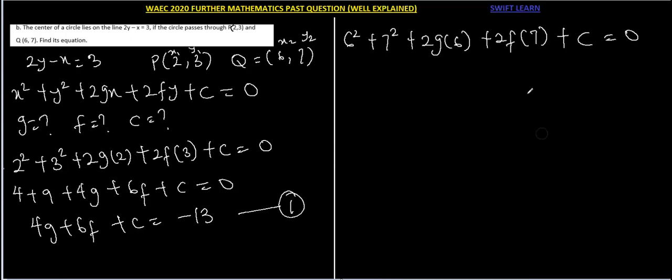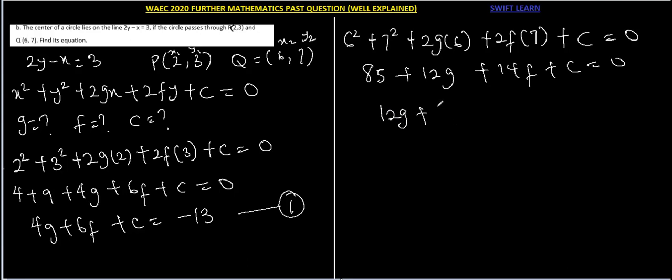That's 85. Okay, that's 85 plus 12g plus 14f plus c equals 0. So I have 12g plus 14f plus c equals to minus 85. This is equation 2.